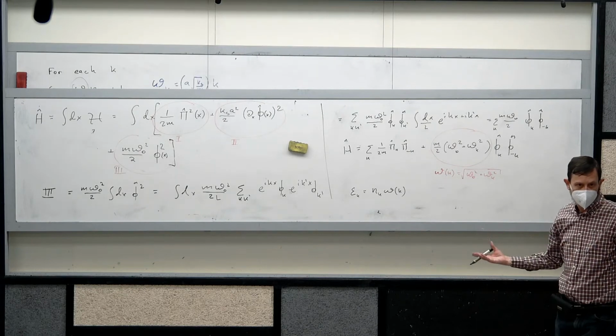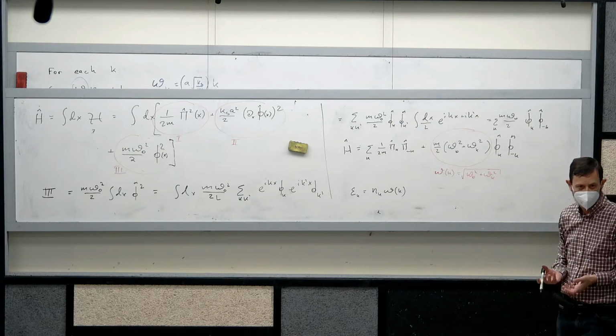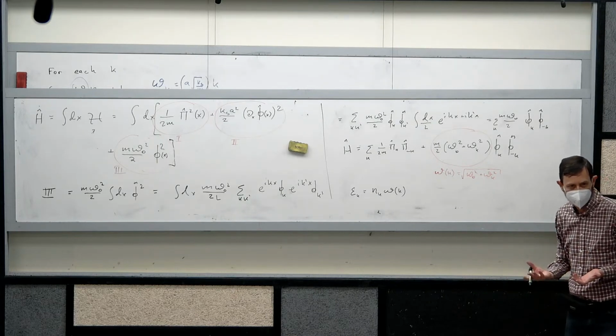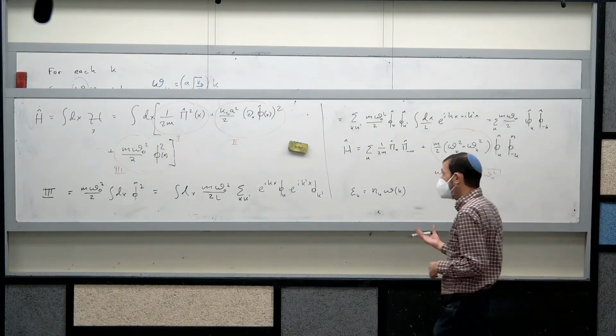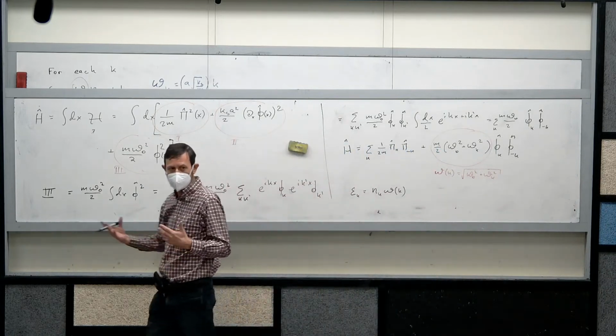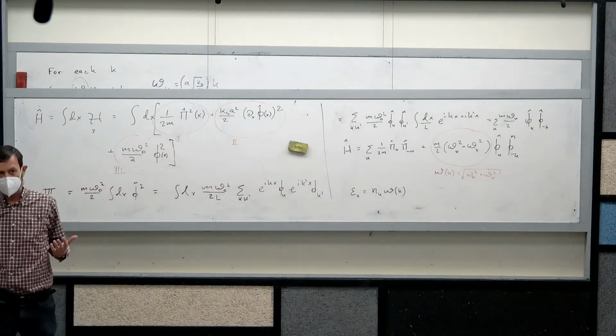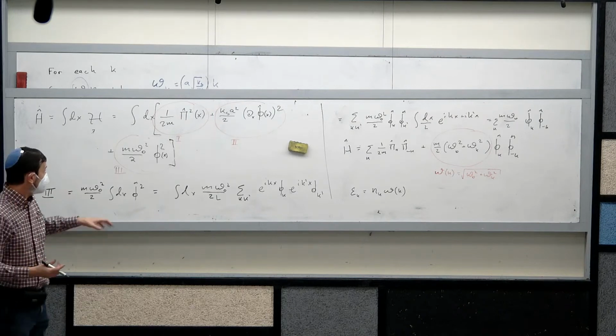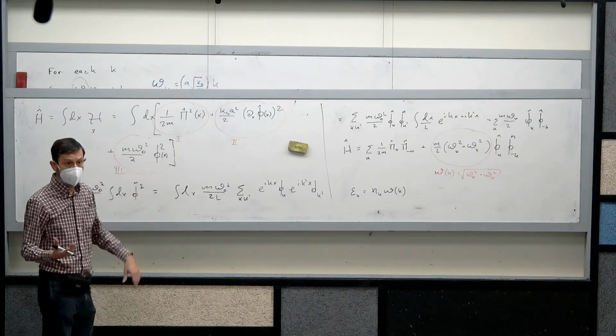Nowadays, we just write the fields, the electromagnetic fields. We don't build a mechanical model that gives you such behavior. The same here. I started from a model of springs and masses, but at the end of the day, what's really important for me is the form of the Hamiltonian.